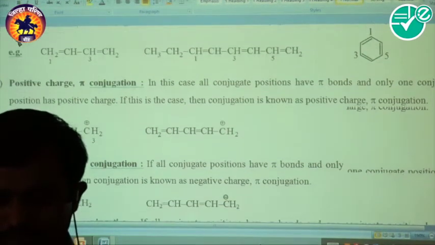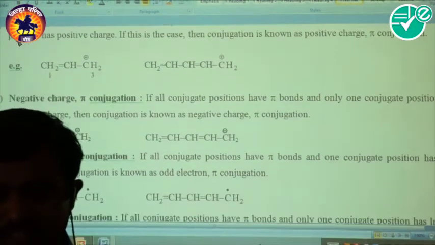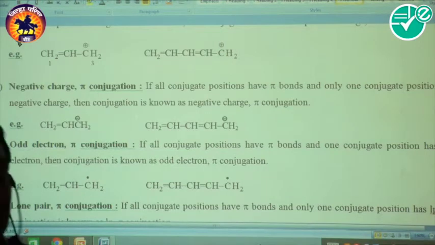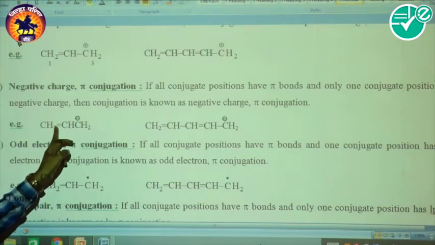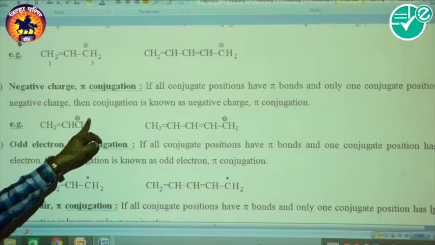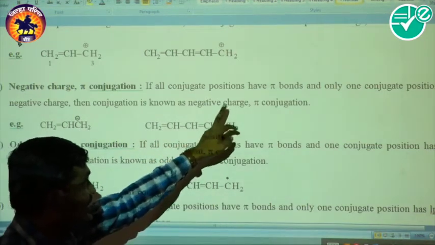Another one is negative charge and pi conjugation. Look at here, this is the negative charge: double bond, single bond, double bond, single bond and a negative charge.